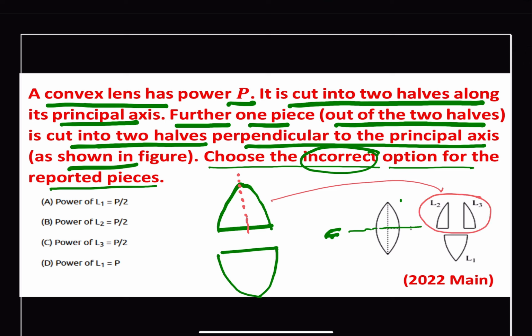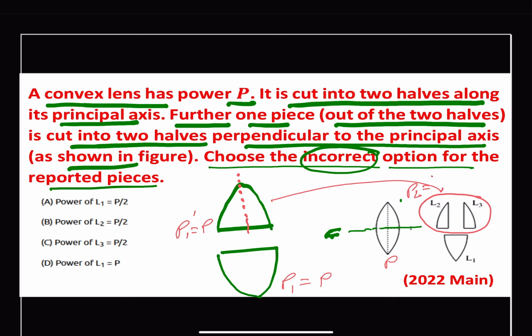And so when they are cut perpendicularly, let us suppose this power is P1 and its power is P, so this will also be equal to P. And let us suppose this is our P1 prime, and this P1 prime will also be equal to P. But when it is cut perpendicularly, this is our P2 for L2.